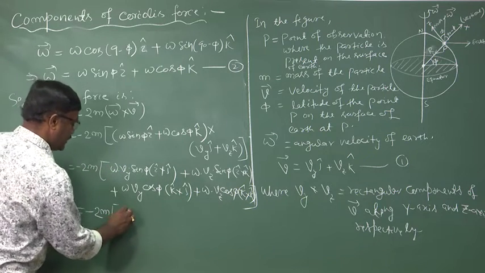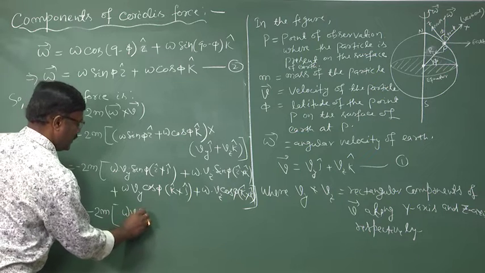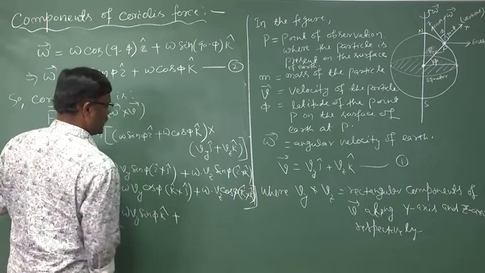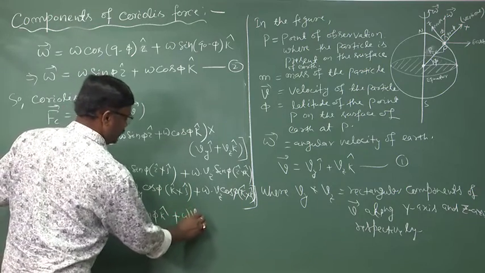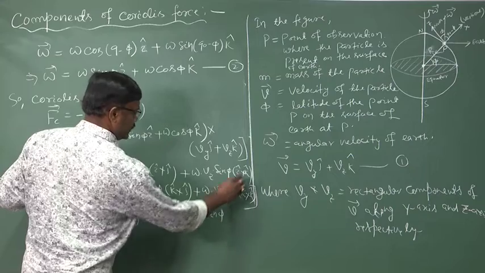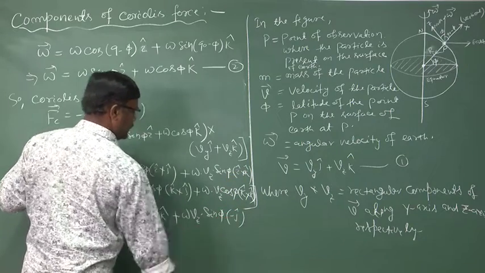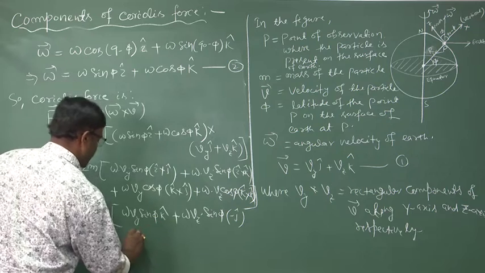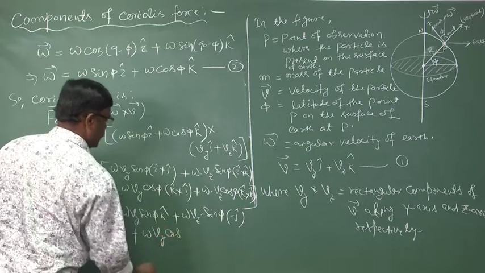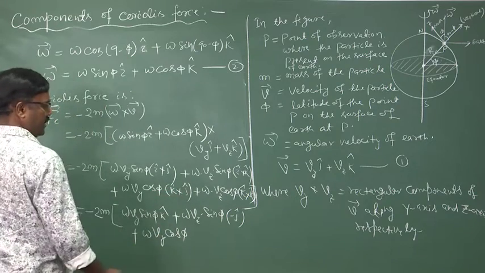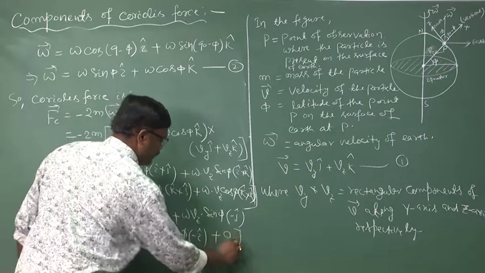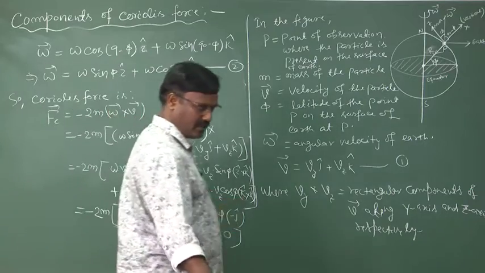So, it will be written as omega into Vy into sin phi into k cap plus omega into Vz into sin phi into i cross k, which is minus j cap, plus omega into Vy into cos phi into k cross j, which is minus i cap, plus 0 because k cross k is 0 here.